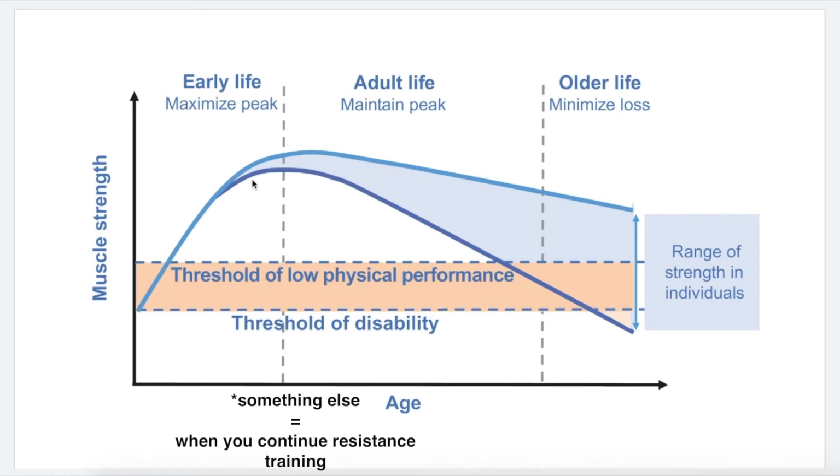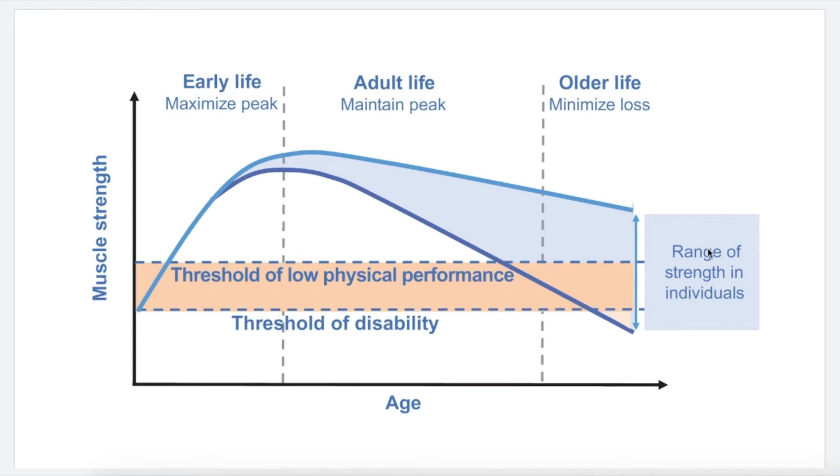This is the normal kind of graph. If you don't do any resistance training, no strength training involved, this is gonna happen. We'll peak, and then by the 20s, 30s, it will start to drop, and then by the 40s, 50s, 60s, it will just keep dropping, without you doing anything.